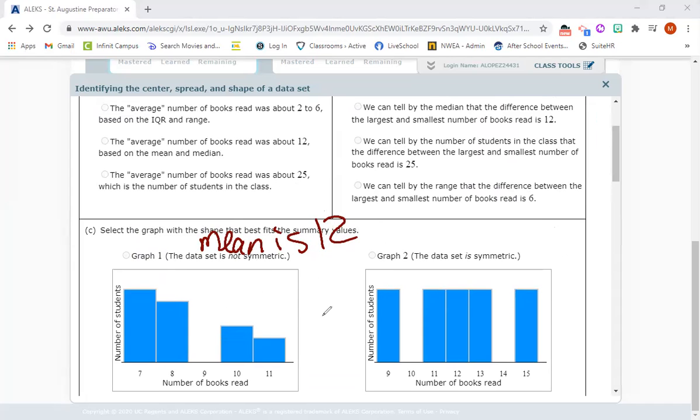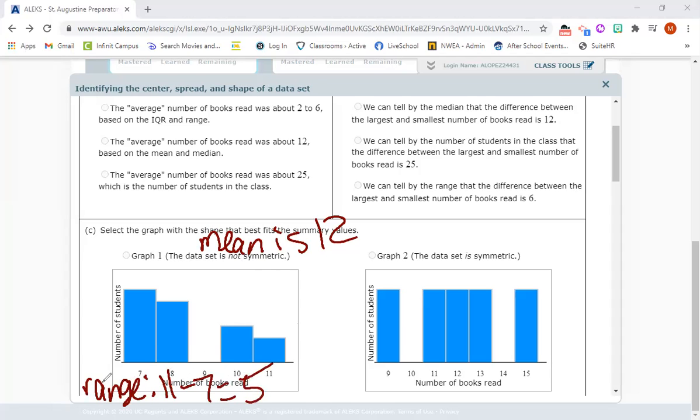So I know this is wrong. This does have a range of, oh, hold on, what's the range of that? 11 minus 7, 5. So that also doesn't even have the right range. So the range in this is 11 minus 7, which is 5.